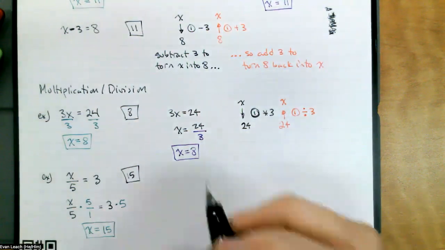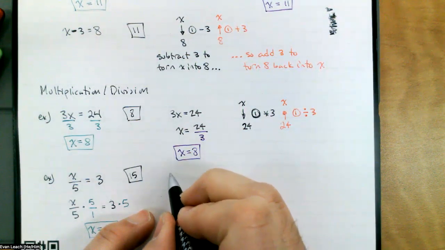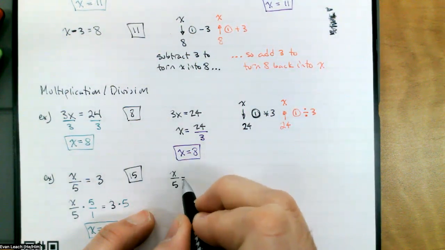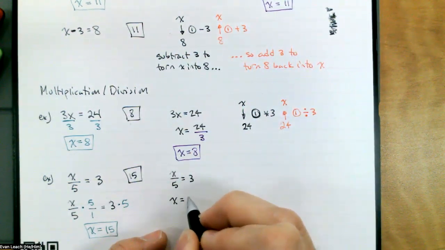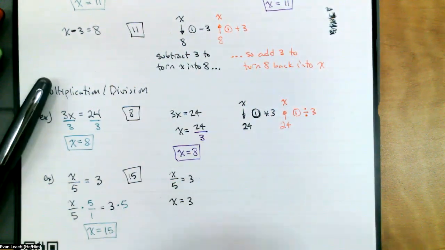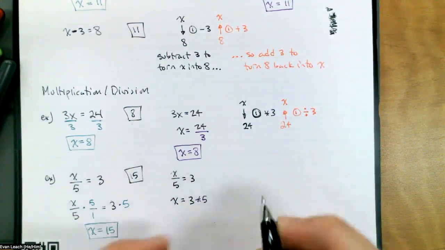Some of you will be thinking of moving the 5 to the other side. So you'll see x over 5 is equal to 3, and you'll write 3. It's divided on this side, so it'll be multiplied on this side.